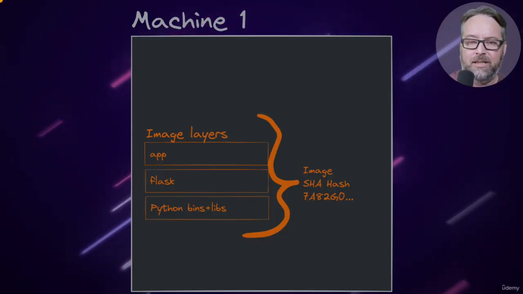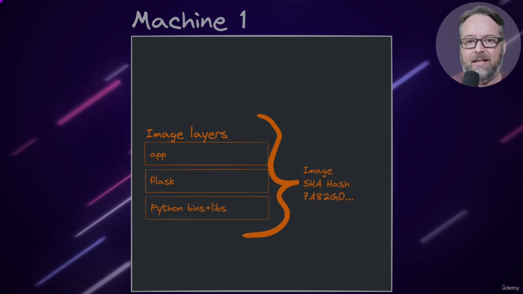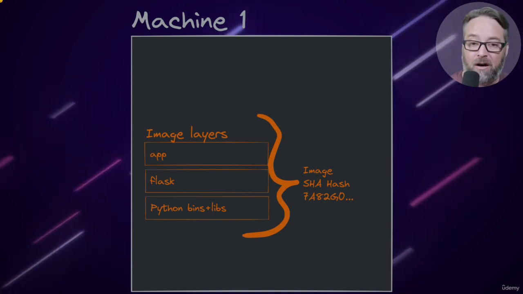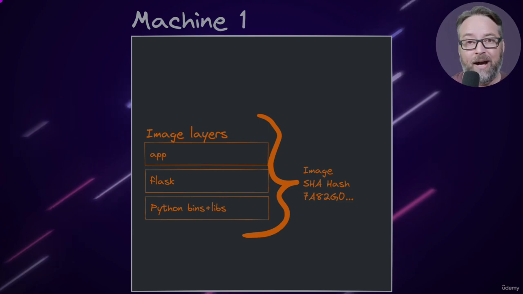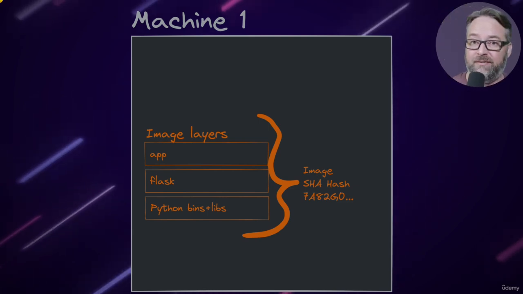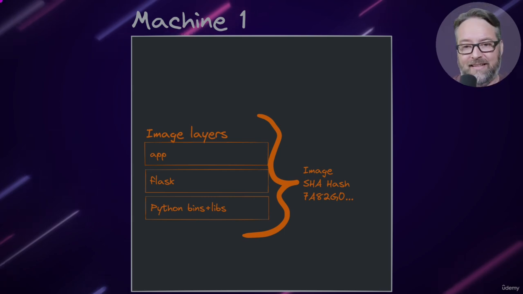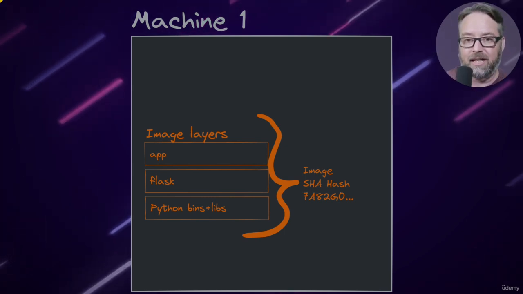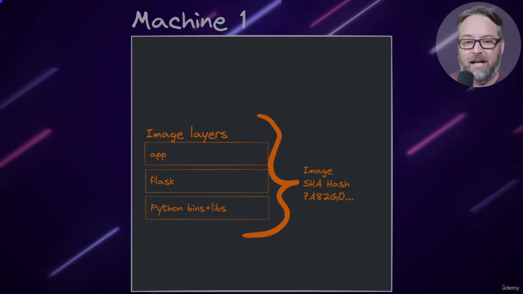First, we have our image that we just built, and that image has a unique SHA hash that identifies all those layers together in a way that we can guarantee that if we look at the hash on two different systems, we can be certain that it's the exact same files, the exact same metadata that we just built. Those image layers go together and distribute themselves.